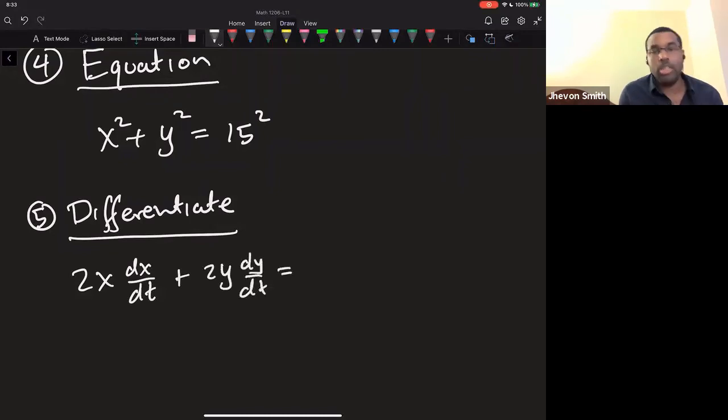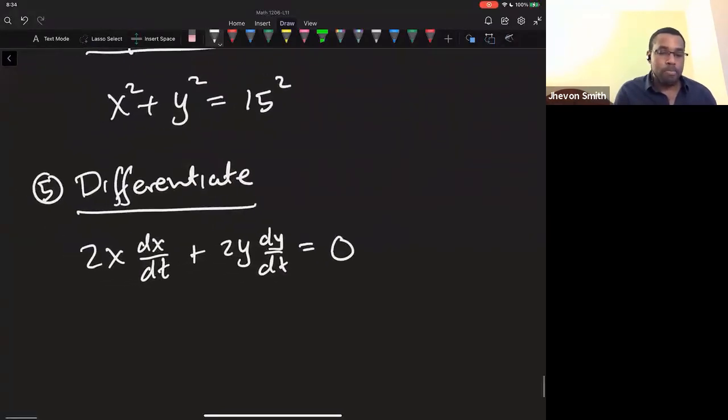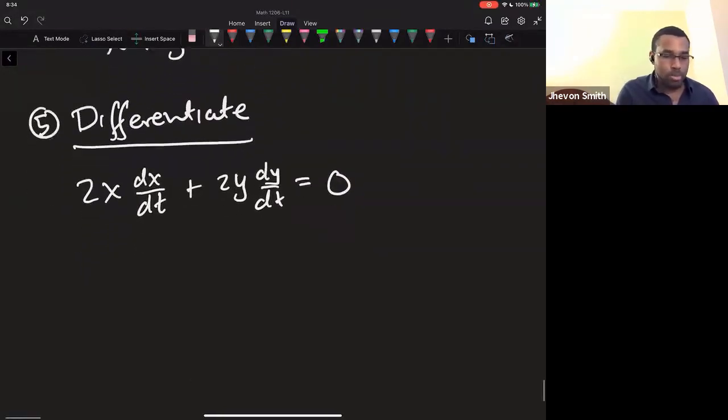What's the derivative of 15 squared? The square is there, so what do we do? Wouldn't it just be 0? It would just be 0, right? I just want to make sure you know that. It's a constant. It's 0, and I'll bring it up later.